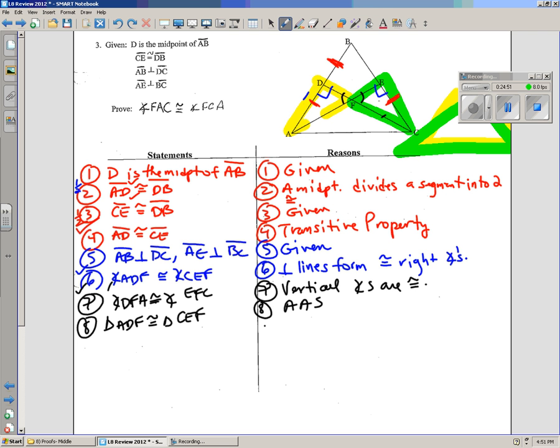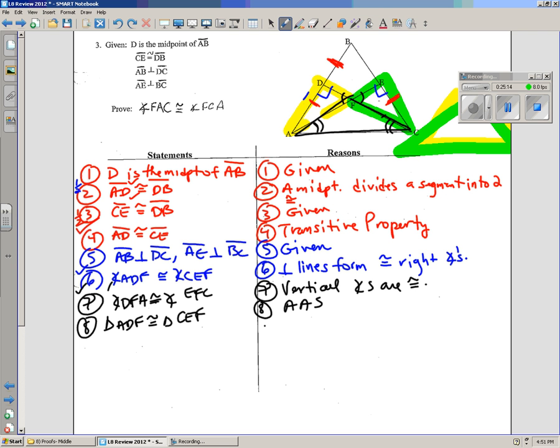I want to prove that angle FAC and FCA are congruent. So we want to prove these two angles are congruent. But that would make this triangle here isosceles. So thinking backwards, that triangle being isosceles, it shares corresponding sides with the two triangles we just proved congruent.